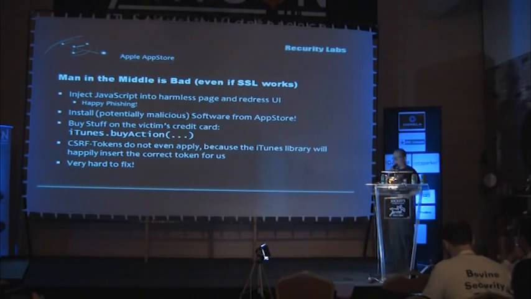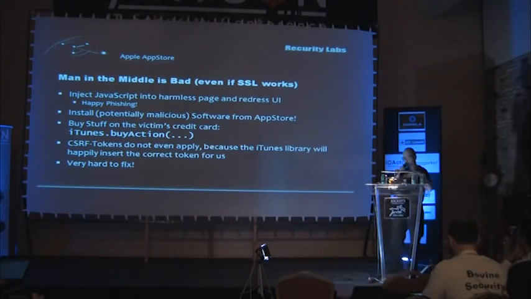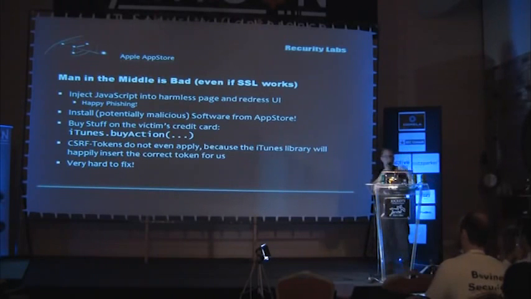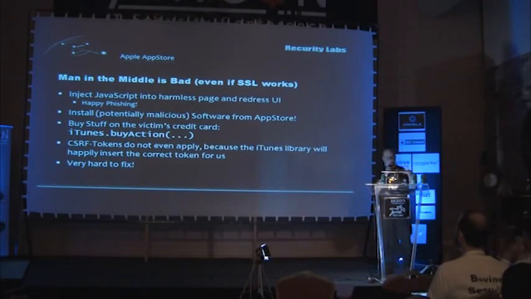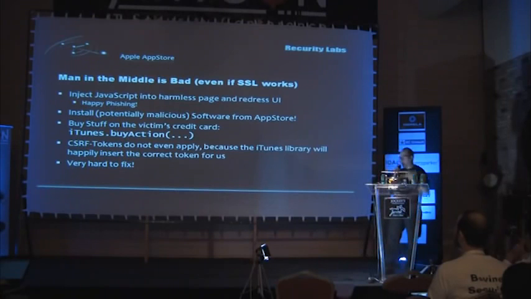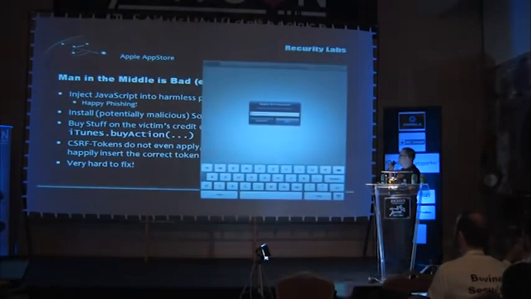They have CSRF tokens that are meant to prevent CSRF-based attacks. However, since the libraries are WebKit libraries, they will happily fill in the tokens for you, so the attacker doesn't have to care about them. And this all is pretty hard to fix. So, let me give you an example.